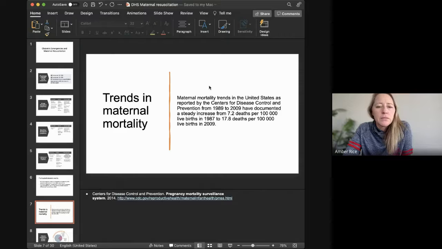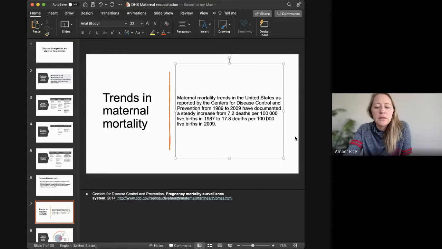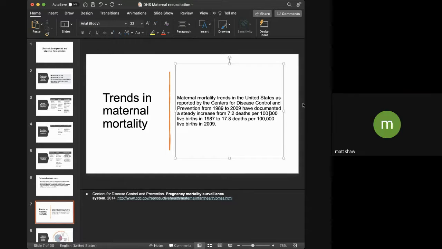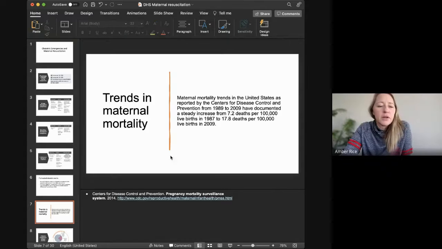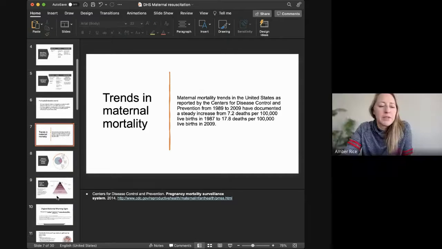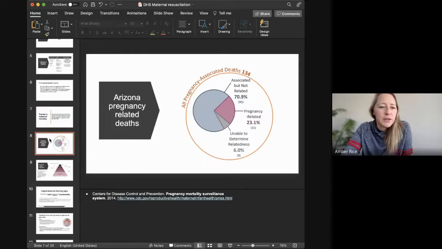So maternal mortality has gone from 7.2 to 17.8 deaths per 100,000 in the United States. That's not the right direction. No, it's not the right direction at all. And it's not happening in other countries, just our country, apparently.